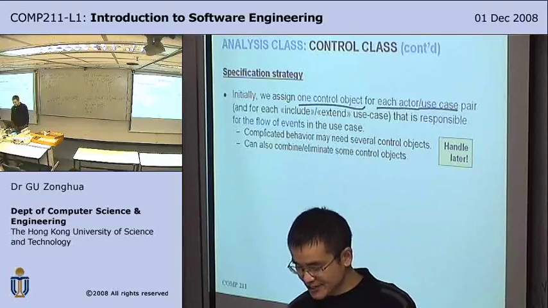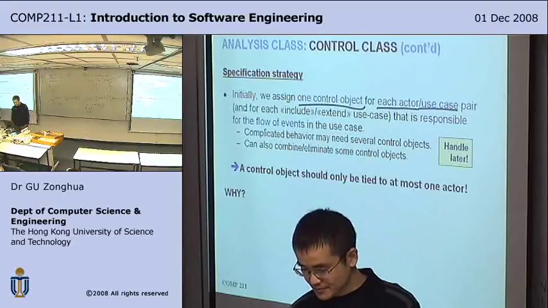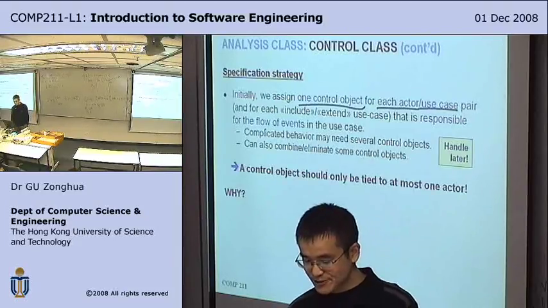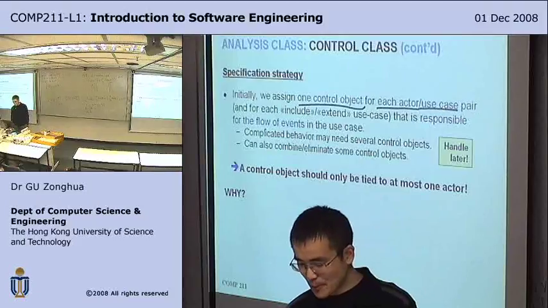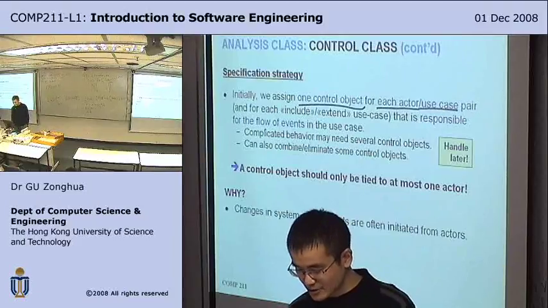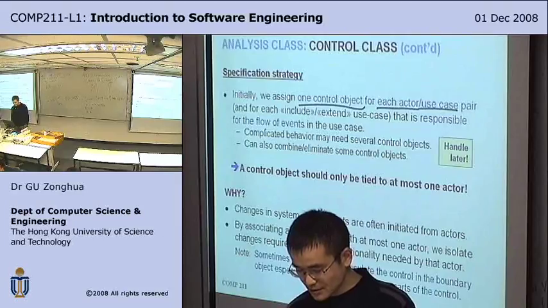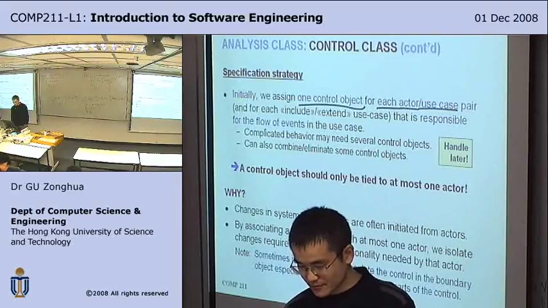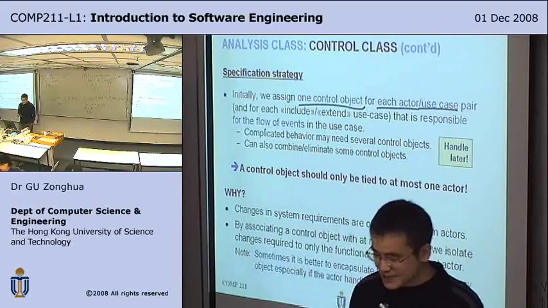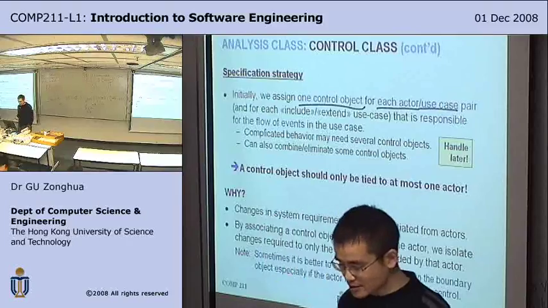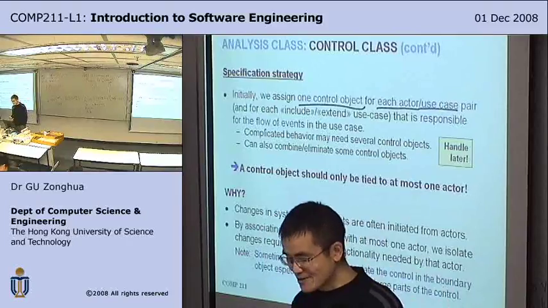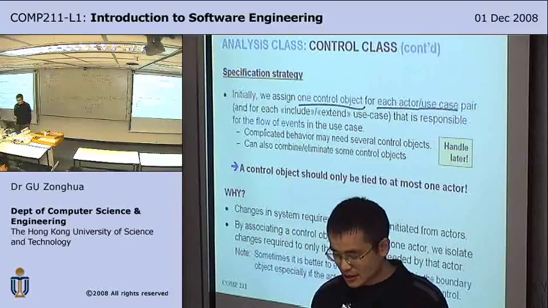We can handle this later. A control object should be tied to at most one actor. By doing this, we isolate changes required to only the functionality needed by that actor.